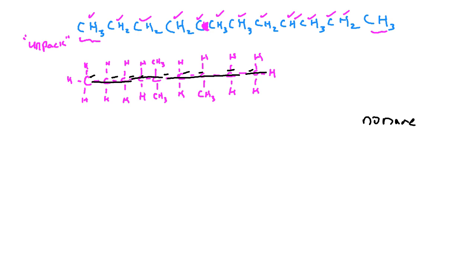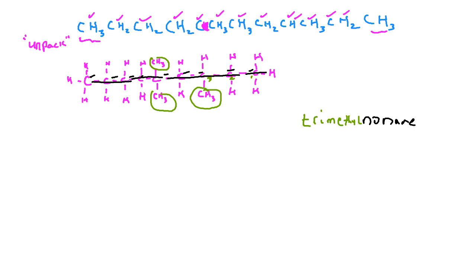Okay, now we have to look at whatever the additions are. Well, there's an addition, there's an addition, and there's an addition. So we have a trimethyl. Okay, so where are the methyls? If I count right to left, that's 1, 2, 3, so it would be 3, 5, 5. If I count from left to right, it's 1, 2, 3, 4, 5.